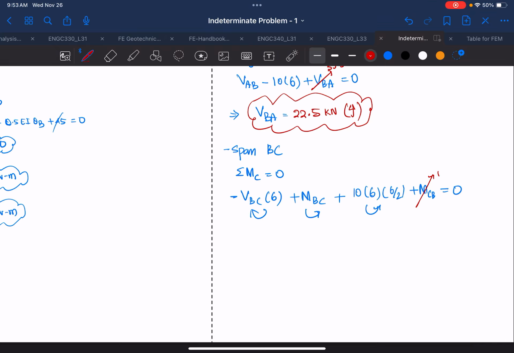And MCB is 0 and MBC is 45. So finally we can calculate that our VBC will be equal to 37.5.